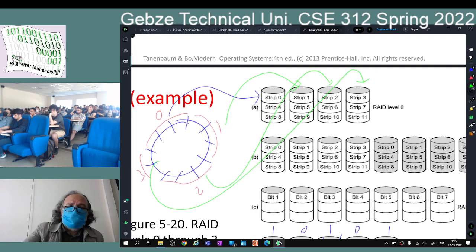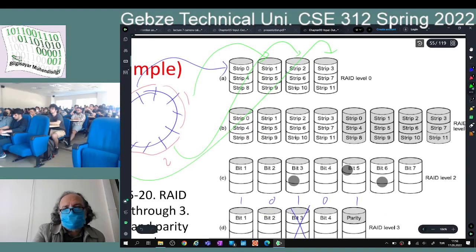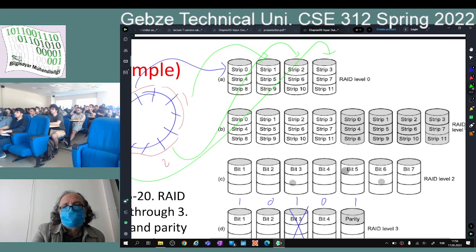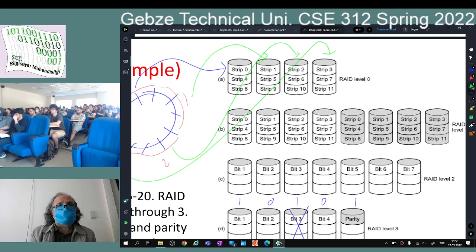The bit-by-bit organization is a much simpler idea, because whenever you read or write a single byte, I distribute it between the disks. But this one requires very careful synchronization between the disks. They have to rotate at the same time.